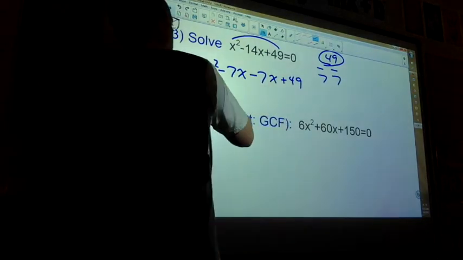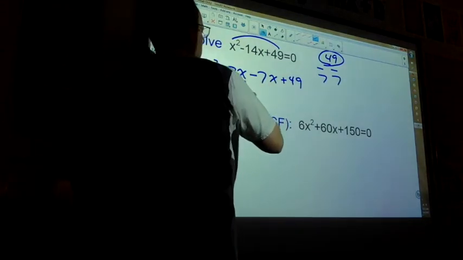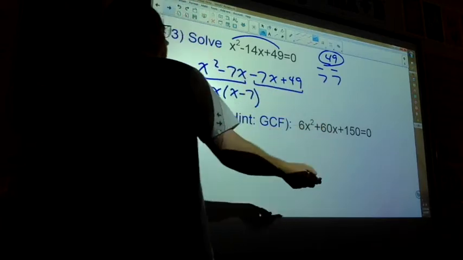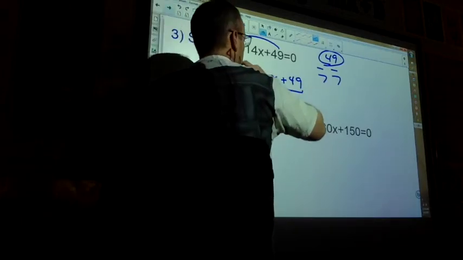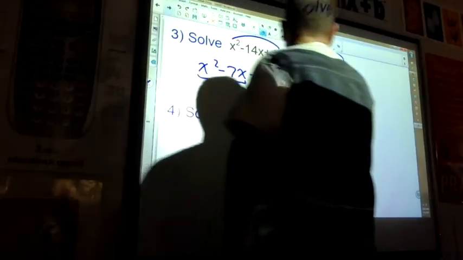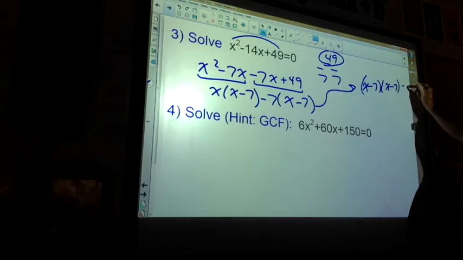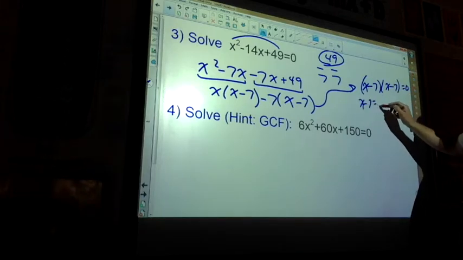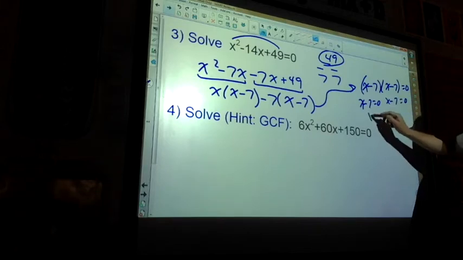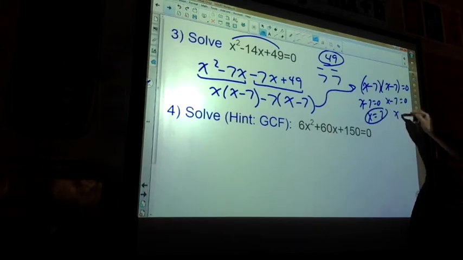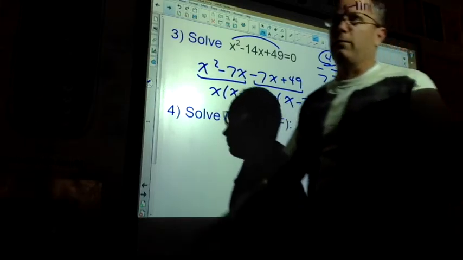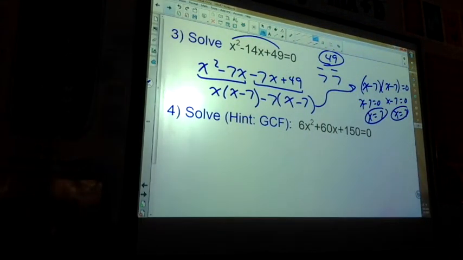And then if I factor out an x here, what should I factor out here? A negative 7. That's going to lead me to x minus 7, x minus 7, equal to 0. So then I get x minus 7 equals 0, and x minus 7 equals 0. So x equals 7, and x equals 7. If I were to have graphed this as a parabola, what do you think's happening? Does it cross the x-axis twice? No, it bounces off of it. And so this is where the vertex will take place.